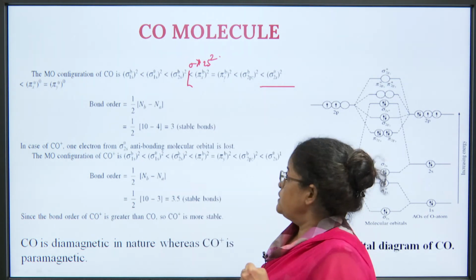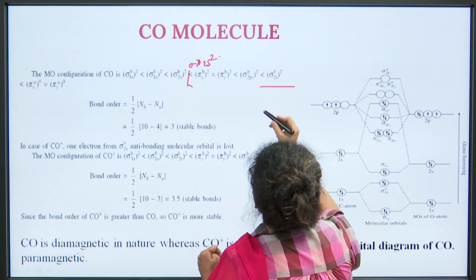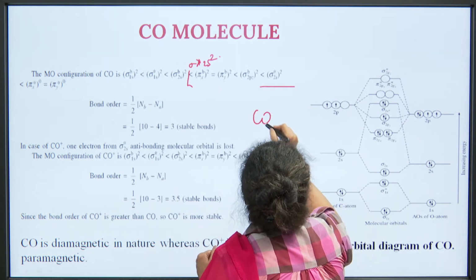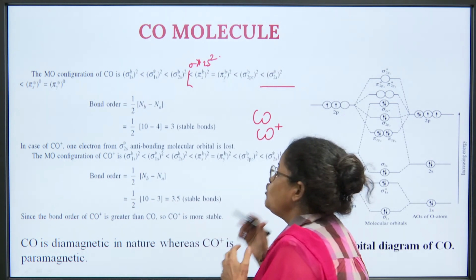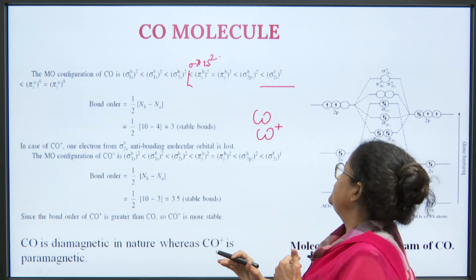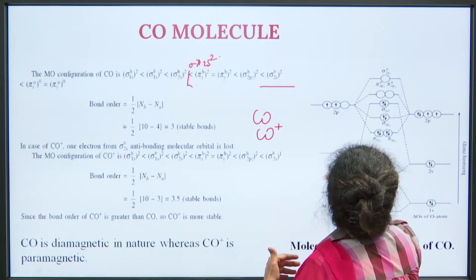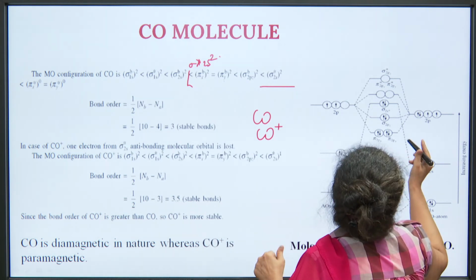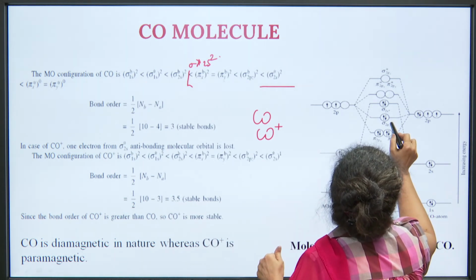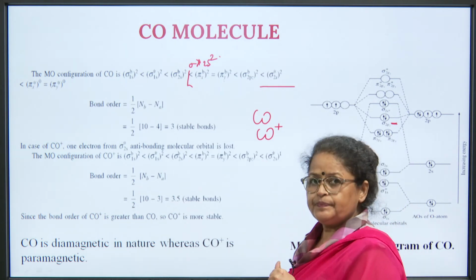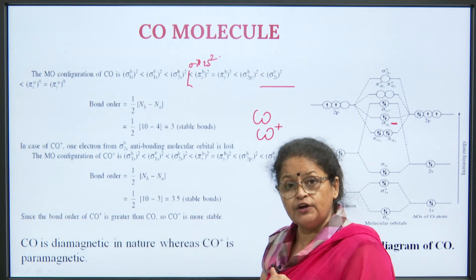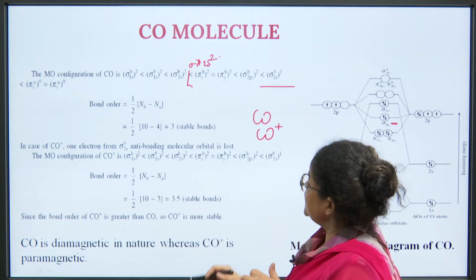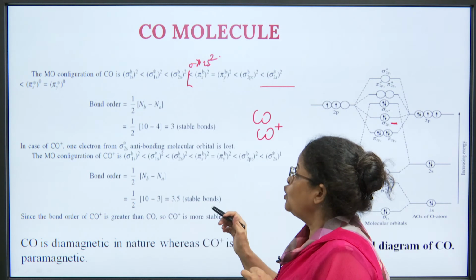Now, had it been that the CO molecule and the CO plus molecule followed a regular trend, then the electron would have been expelled from the bonding MO. If the electron is expelled from the bonding MO, then you always have a lesser bond order.